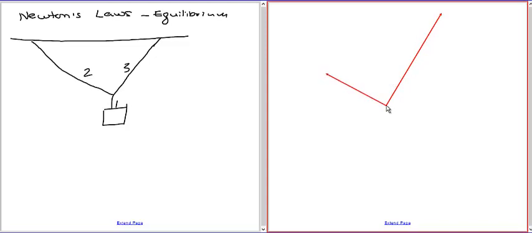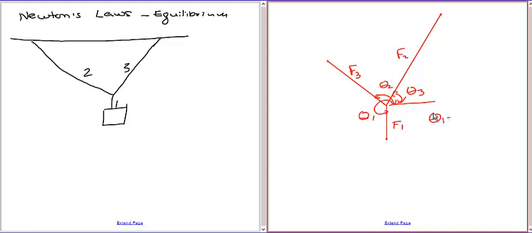look something like this as far as the free body diagram. And this would be F1, and this would be F2, this would be F3, and this would be theta 3, this would be theta 2, this would be theta 1.